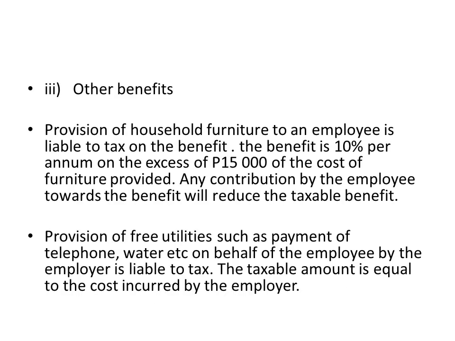Now, other benefits, we have furniture benefits. This is where an employee enters into, say, a company house which is fully furnished. In such a case, you would want to calculate the cost of the furniture. The benefit is going to be 10% in excess of 15,000.